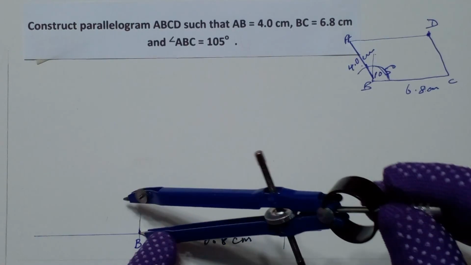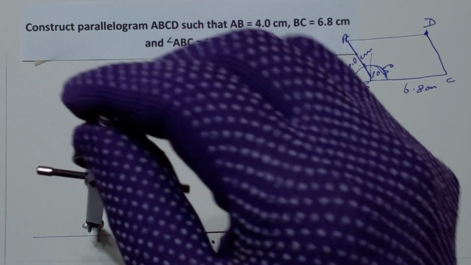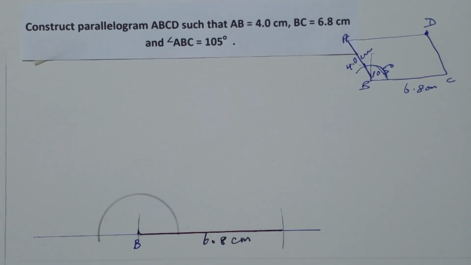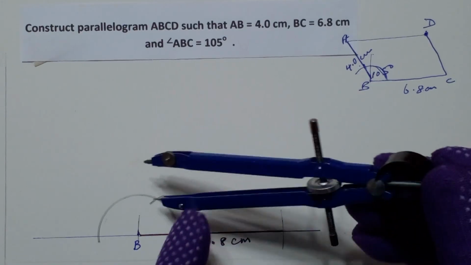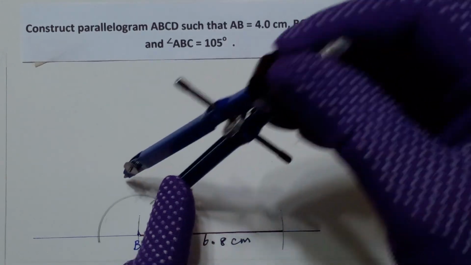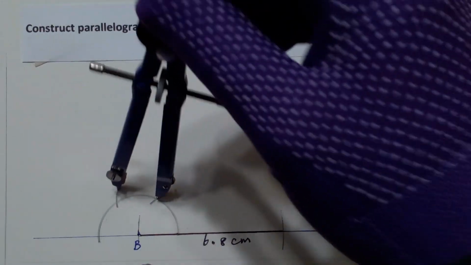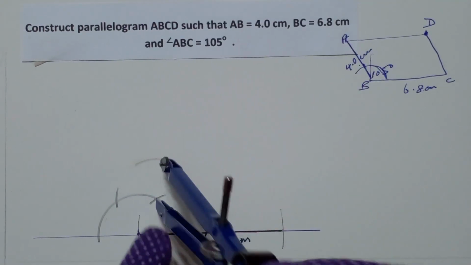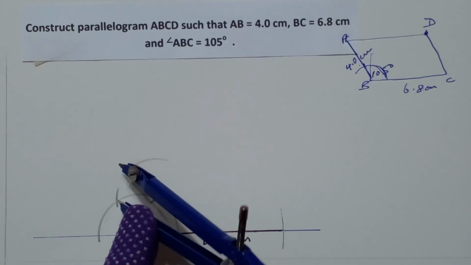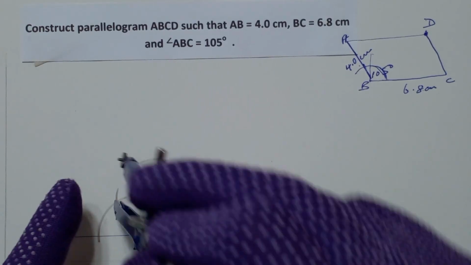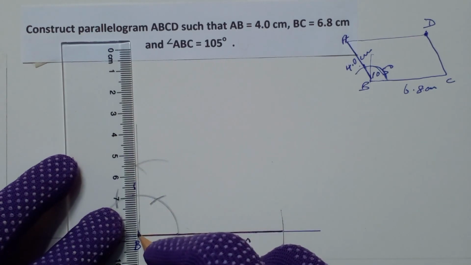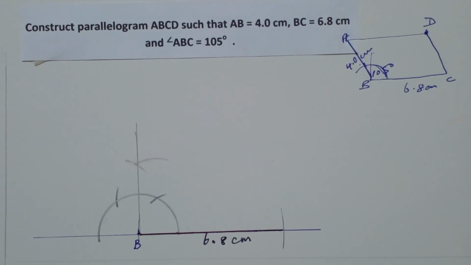So open this compass to a reasonable amount. That will take us to 60. That will take us to another 60, which would give us 120. That will give us 90.